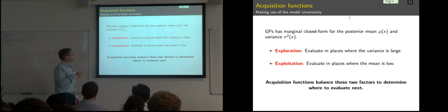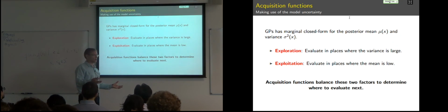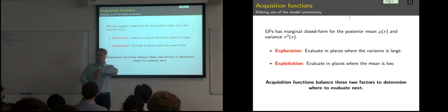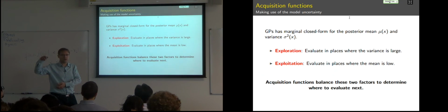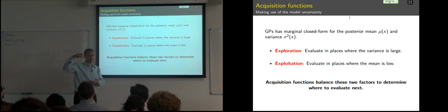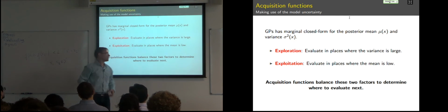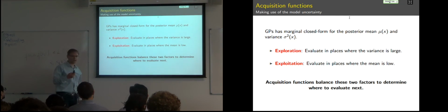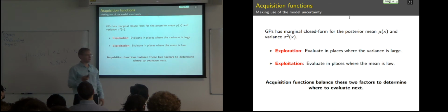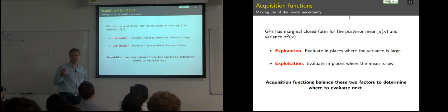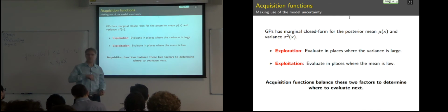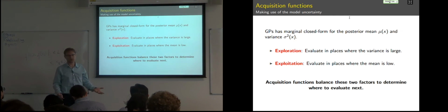Or if you think about collecting new data points in regions of the space where the uncertainty is very large, you don't know what is happening with the function there, but potentially there could be something interesting to have a look at. So that's called exploration. So any acquisition function that you define, and we will see some of them, is essentially balancing between these two terms, between exploration and exploitation, right?